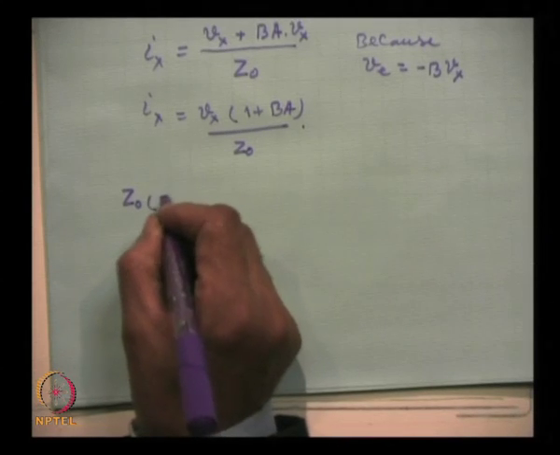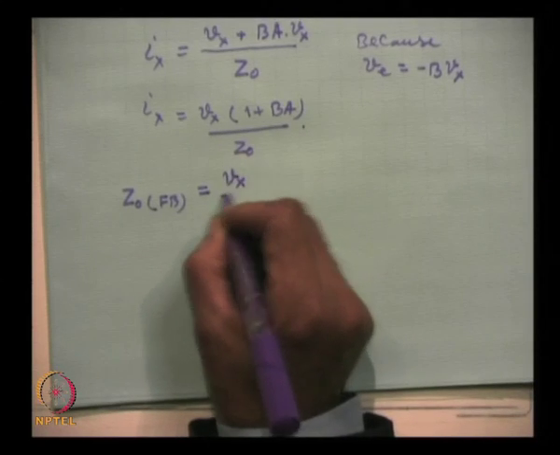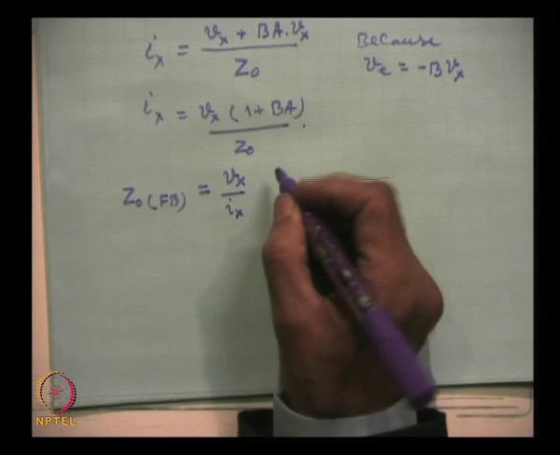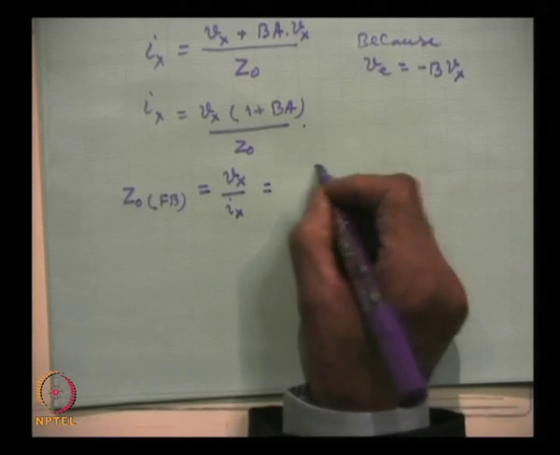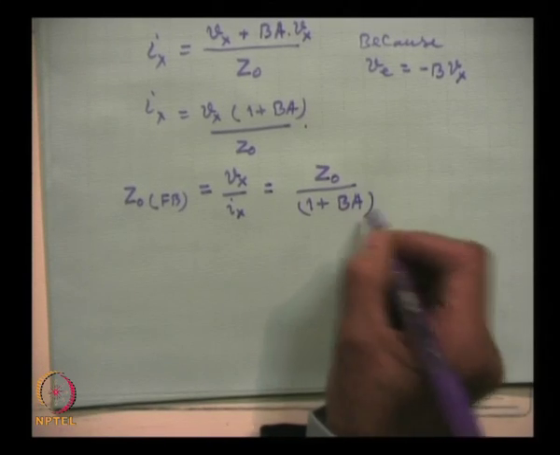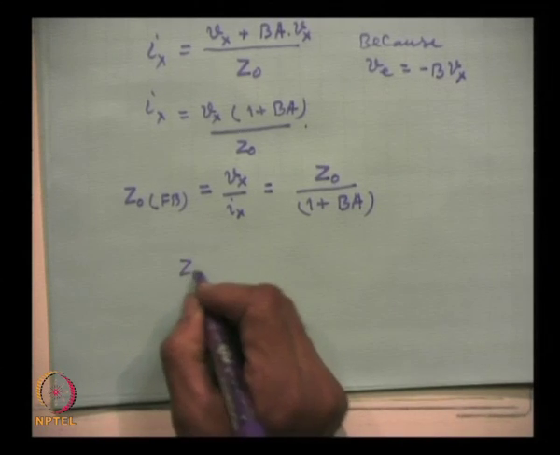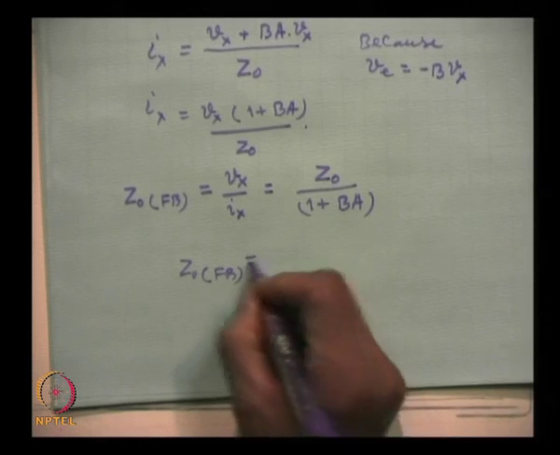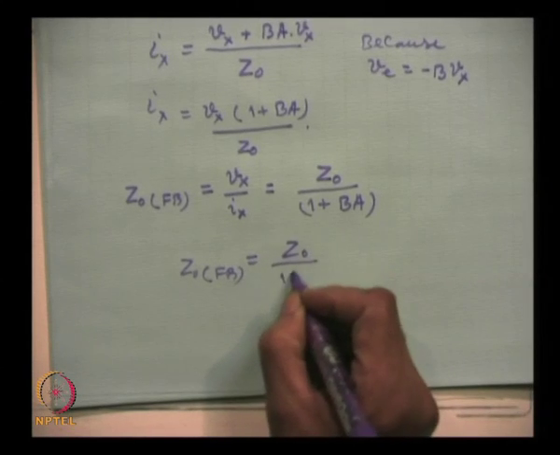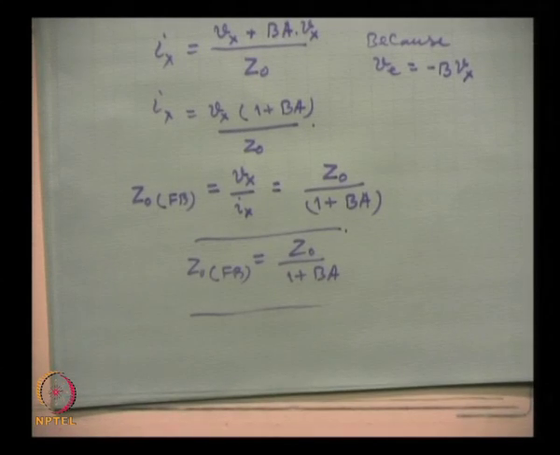Output impedance with feedback, by definition, is V x by I x, and this is equal to Z 0 by 1 plus B A. This is the relation showing how the output impedance is reduced by the factor 1 plus B A.